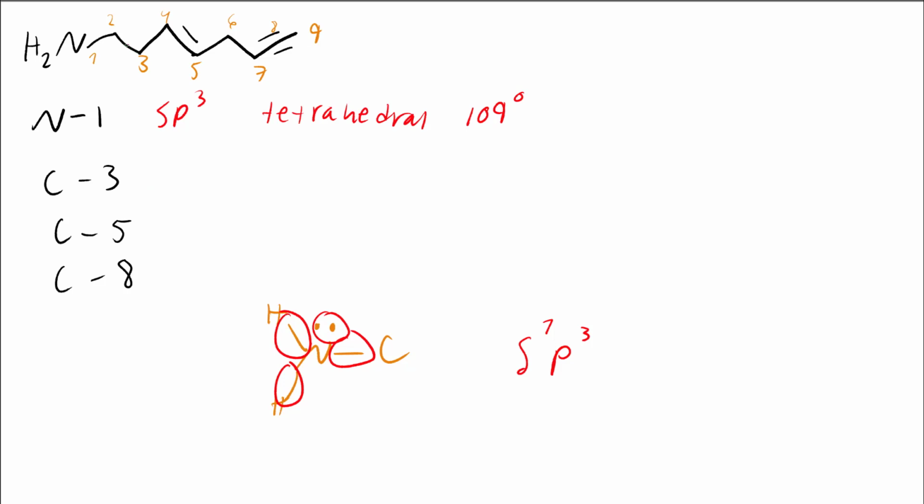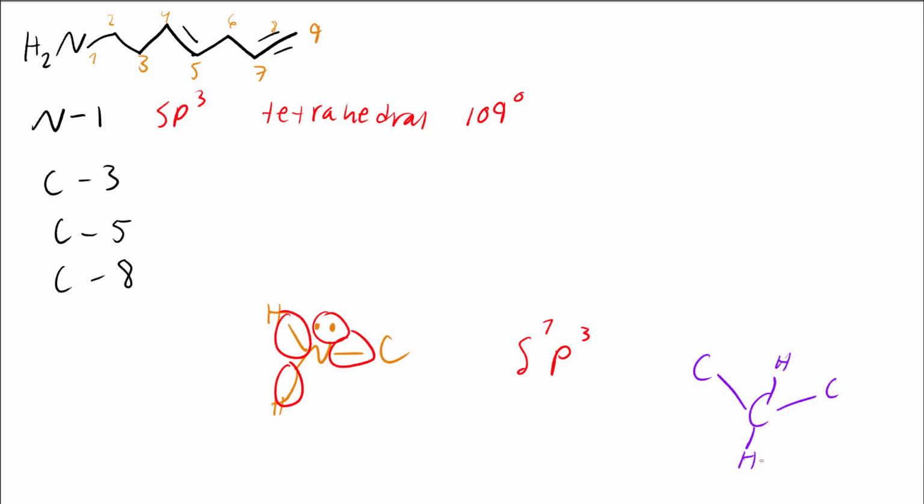Well, this carbon is surrounded by 2 electron zones. But then you would have to know that this carbon, we're not focusing on the smaller carbons, we're focusing on this one, has some hydrogens.